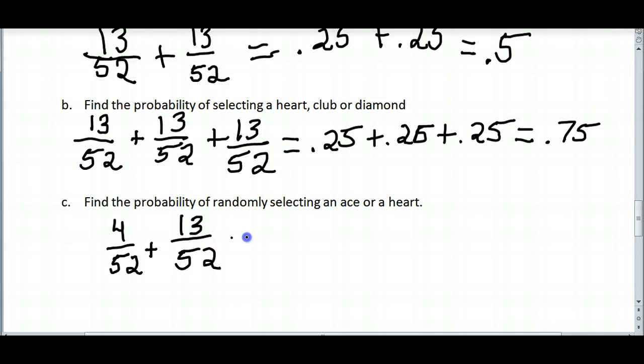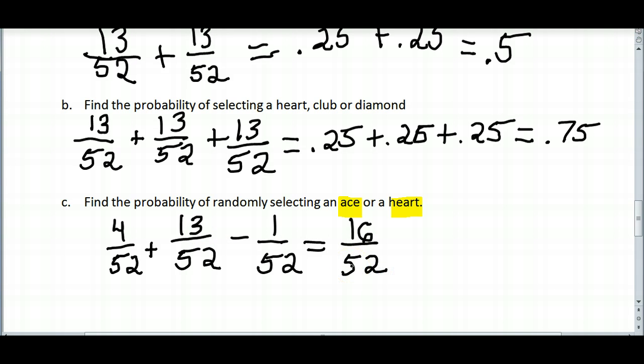So we're going to subtract out the number of cards that meet both criteria, or in this case are an ace and a heart. So I'm going to subtract out 1 over 52. Now for ease and simplicity, I'm actually going to do the math before converting to decimals. 4 plus 13 is 17. 17 minus 1 is 16. And your bottom number stays the same.